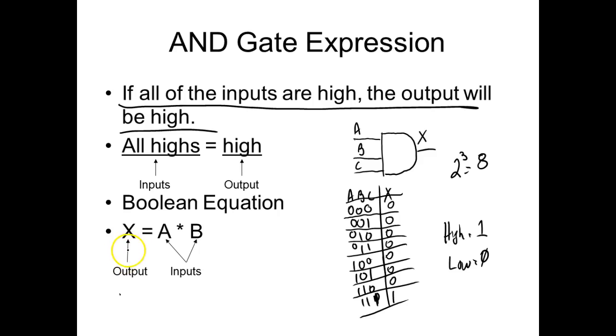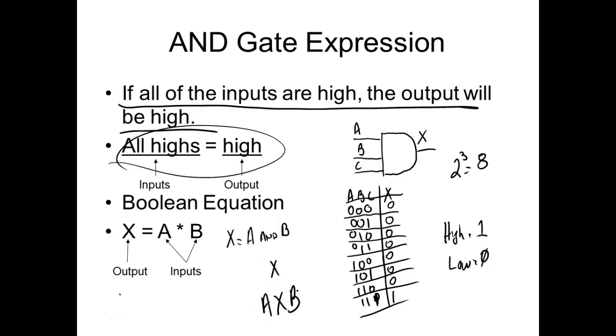Now when we give the Boolean equation, the output always goes on the left, which is backwards from what we put there. Basically this is saying X is equal to A and B. The problem is that we can't use the equals sign for A, because if I said A is equal to A, that would be A output.